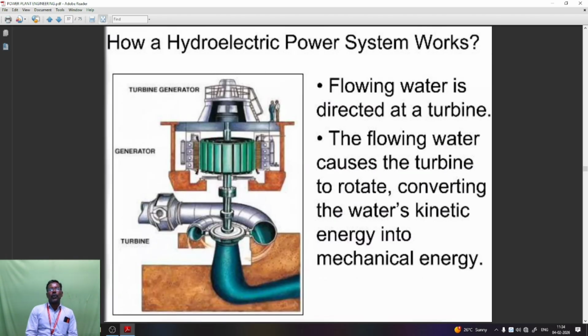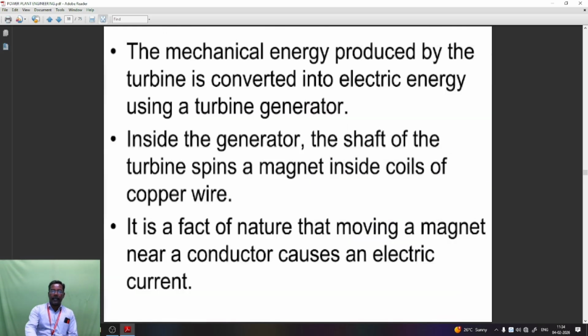How a hydroelectric power system works. Flowing water is directed at a turbine. The flowing water causes the turbine to rotate, converting the water's kinetic energy into mechanical energy. The mechanical energy produced by the turbine is converted into electricity using a generator.